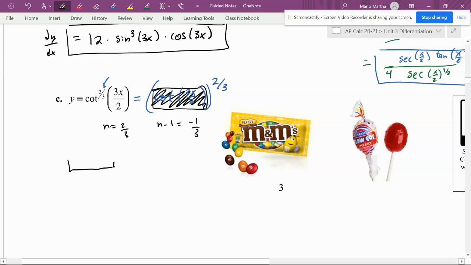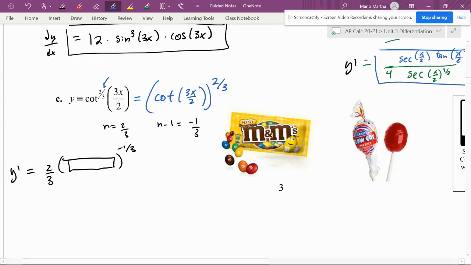So I take the derivative of whatever's in there, and that's going to be 2 over 3 in the front, y prime, raised to the negative 1/3. I know what's in there, it's cotangent of 3x over 2, so I'm going to rewrite it in here. Cotangent of 3x over 2.